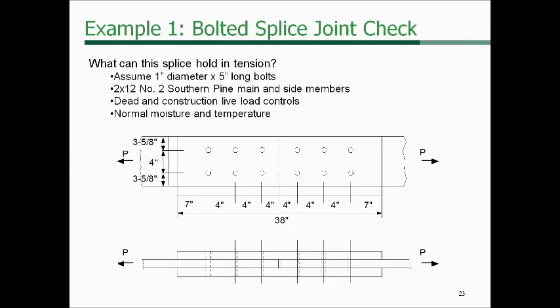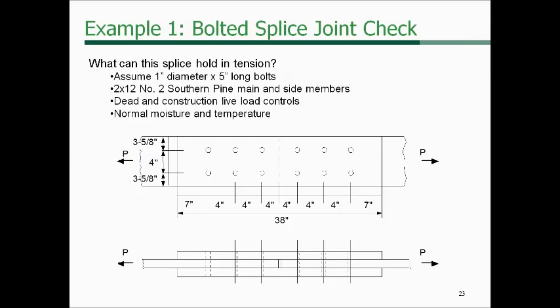And we're going to assume 1-inch diameter, 5-inch long bolts, and 2 by 12, number 2, southern pine main and side members. So for you folks on the West Coast, Doug fir would probably be comparable. I think the specific gravity on Doug fir is 0.5 versus 0.55 that we're using for this example. We're going to look at a controlling load of dead and construction live.